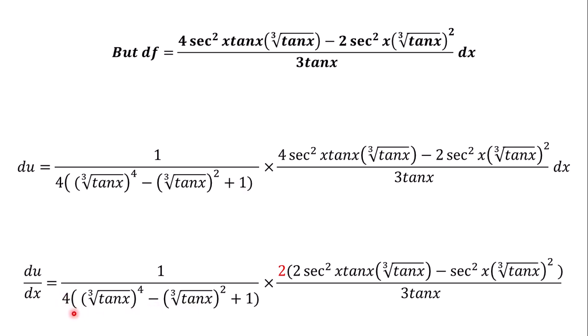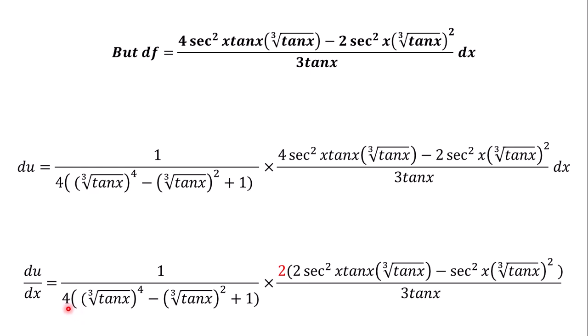So here will be multiplied by. Now when you do the cancellation, there is nothing else that we can do, so you just multiply everything, denominator by denominator, numerator by numerator. All we got to do is just to write it as a single fraction.